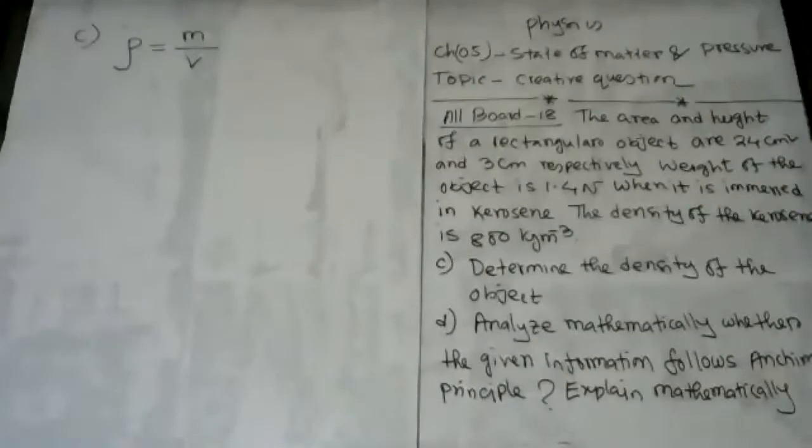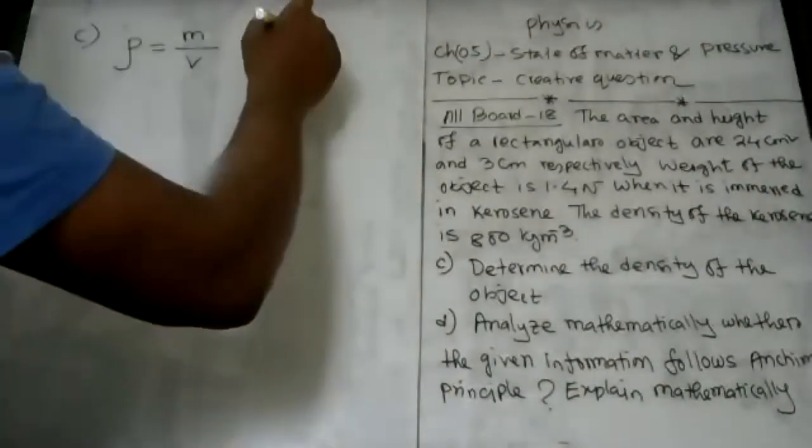But you see that, how can you find out the volume of this body from the given information? Product of height and area. Exactly. So volume of the body V will equal to what?